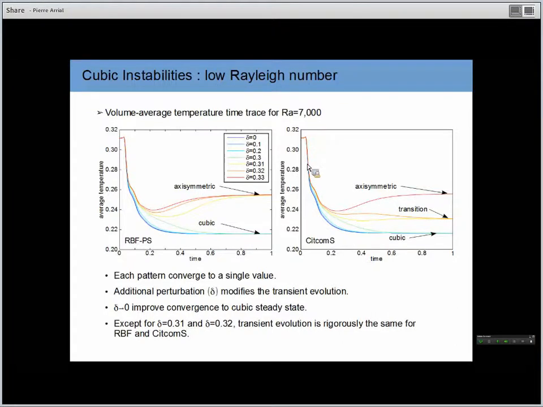You can see that when the convection starts, the plumes really start where the initial perturbation is located. Now I'm first going to show you the axisymmetric steady state. In this case, you can see that the four points around the equator are not strong enough to stay separate, so they are going to merge together and finally converge to the axisymmetric pattern.